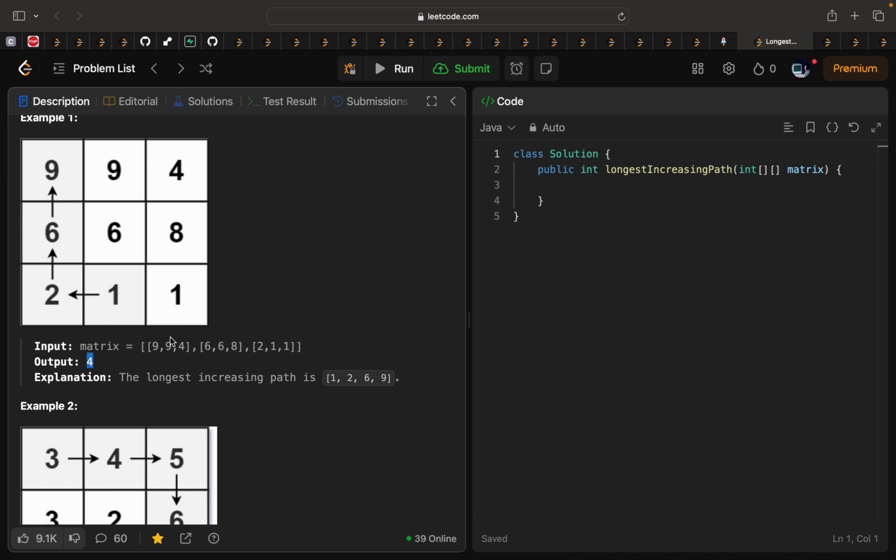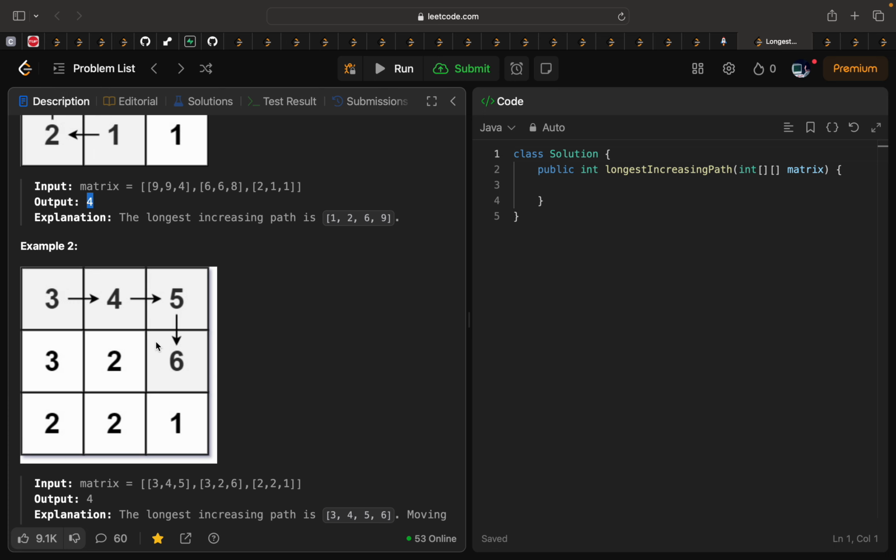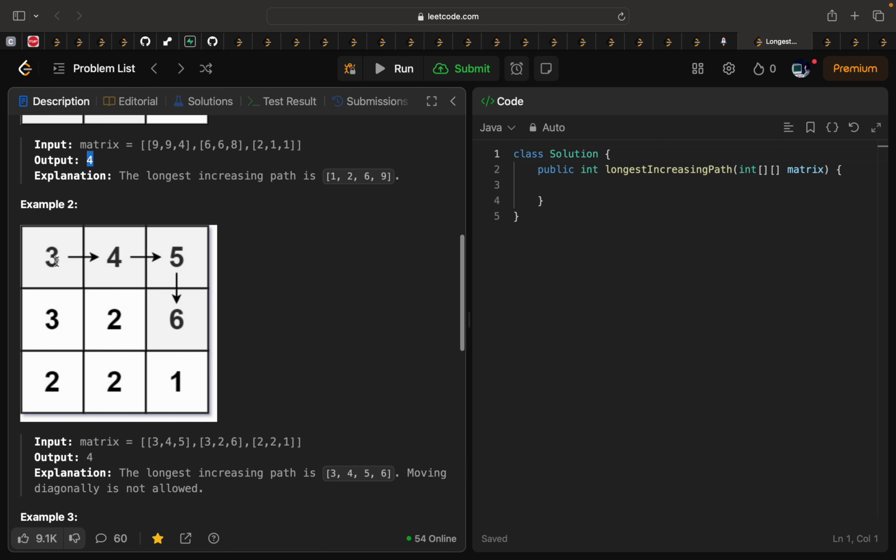And for this particular example, we are starting from 3 and the answer is 4.